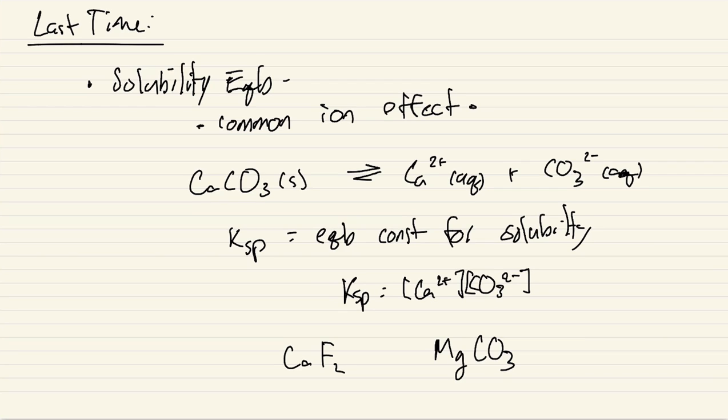We have some initial value now for this ion if we have the other common ion present, right? That's why it's called the common ion effect, because if any of these salts are in solution, then these both have a common ion with our solubility product of interest. So these are sources of common ions.